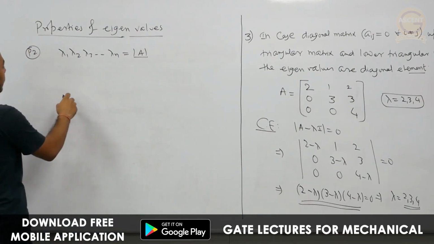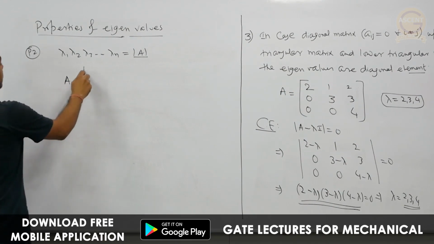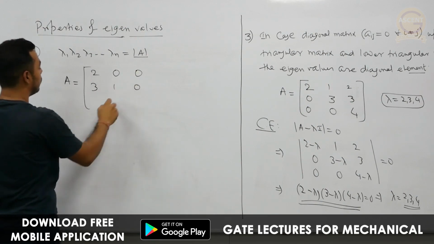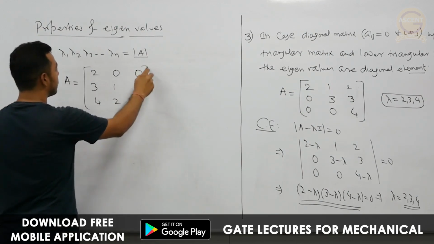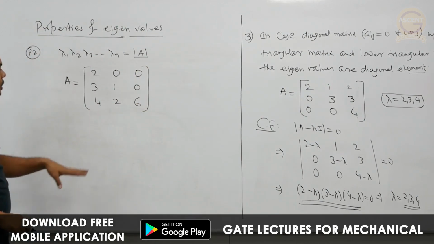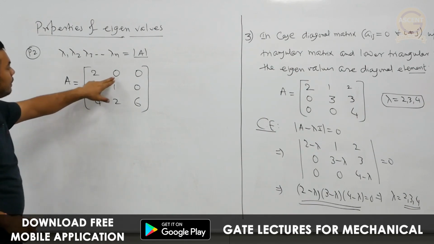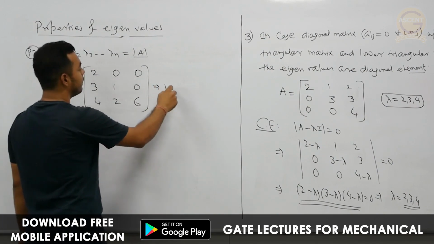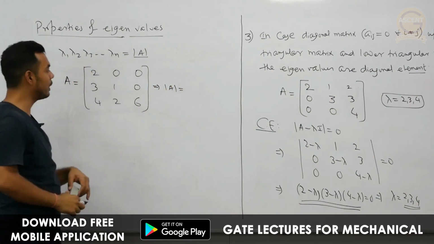Suppose I have a lower triangular matrix like this: 2, 0, 0, 3, 1, 0, 4, 2, 6. Suppose this is the matrix that we have. This is an example of a lower triangular matrix because the elements above the leading diagonal are 0. Now if I ask you what the determinant of this matrix is, you don't have to calculate the determinant.